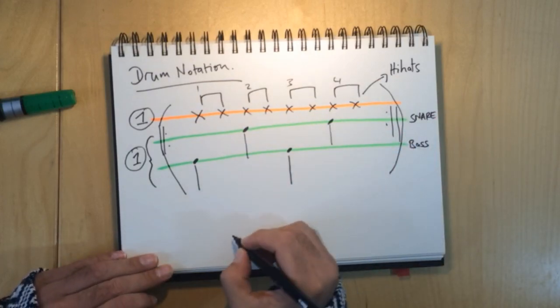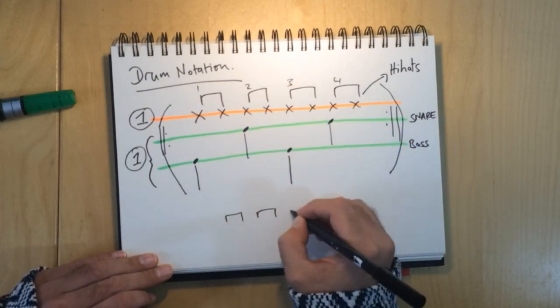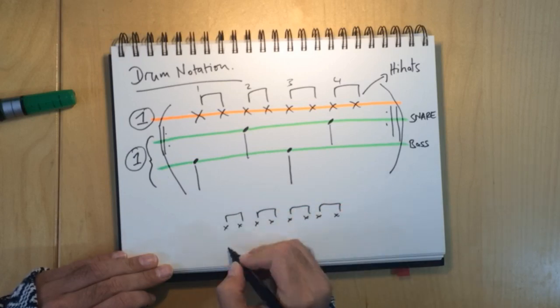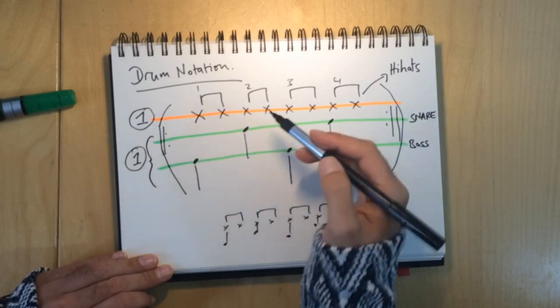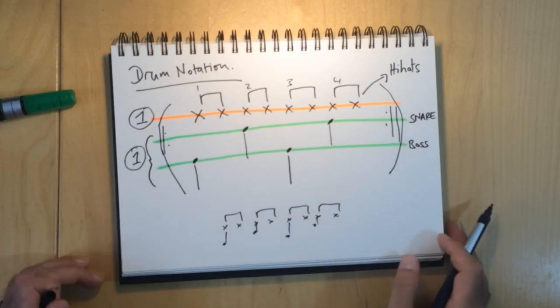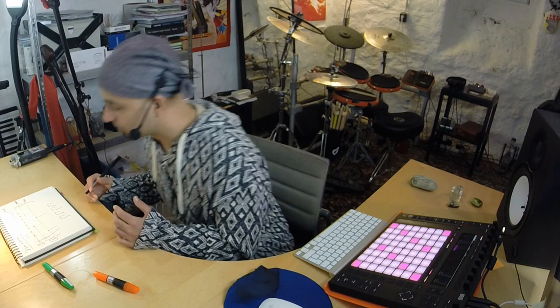It would look like this. Let me just draw it out for you quickly. As you can see, that's a little more messy than this way. This is visually more pleasing, so to speak. So that's basically drum notation in a nutshell.